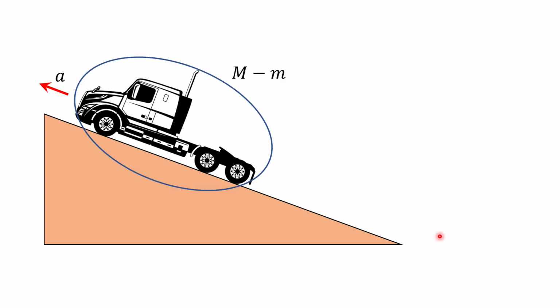The mass that we're left with then is capital M, remember that's the total mass, truck plus piano, minus the piano which fell off. So this is the mass of the truck by itself. And I'm putting a blue bubble around that to emphasize that I'm about to let that be the M in F equals ma.